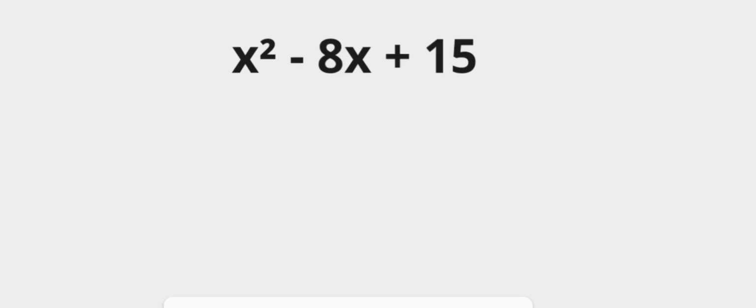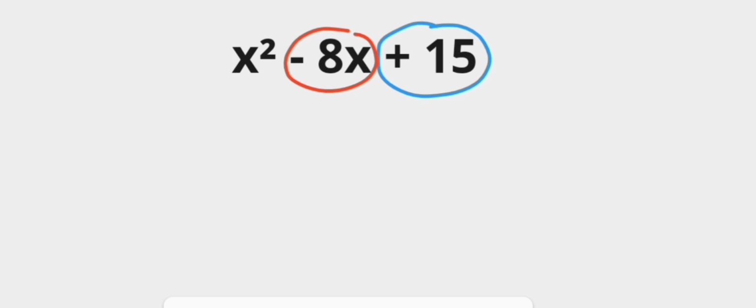In the next one, we are trying out x squared minus 8x plus 15. To factor x squared minus 8x plus 15, we consider that the constant term here is positive, and the middle term is negative.